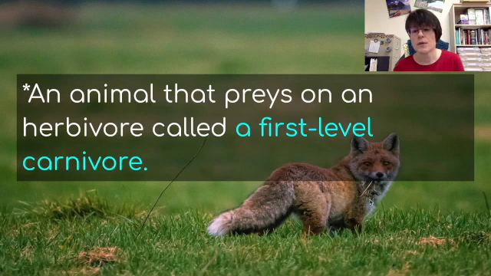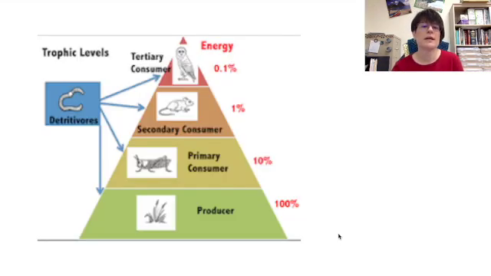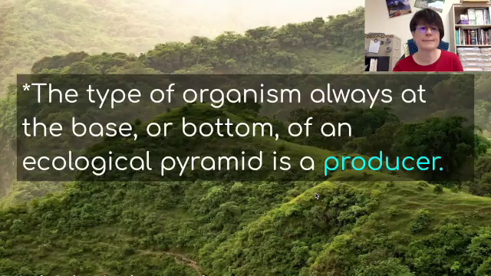So we're going to say this mouse in particular is eating grass and seeds, and that has been caught by this fox. So the fox is a first level carnivore in my example. So we can see again that this mouse is a first level carnivore.